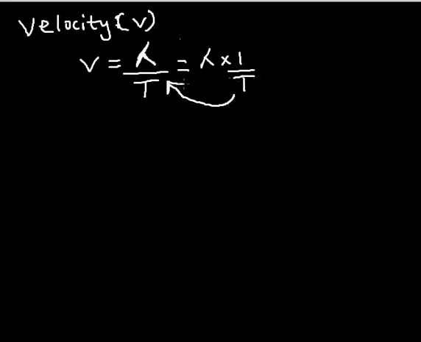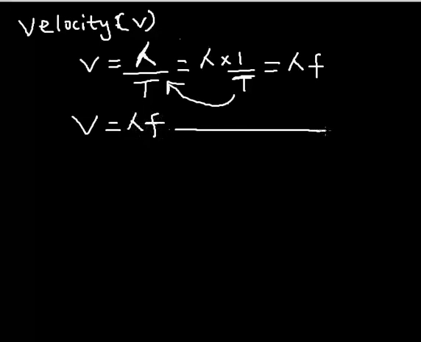And you already know very well that the reciprocal of period, 1 over capital T, is the frequency of the wave. So I can simply say that the velocity of the wave is also given as wavelength multiplied by frequency. So please take note of this. Every wave will always have this relationship: velocity of a wave is given by the wavelength multiplied by the frequency. So take this as a formula.